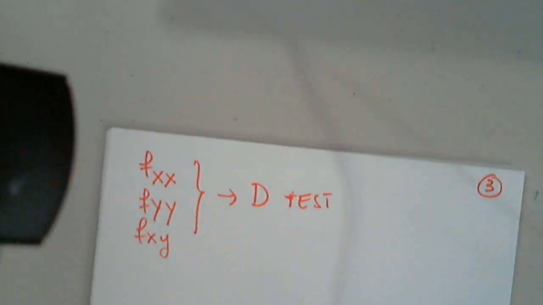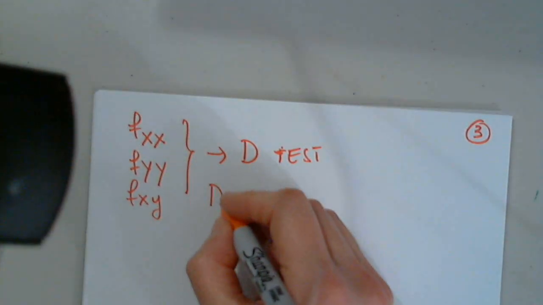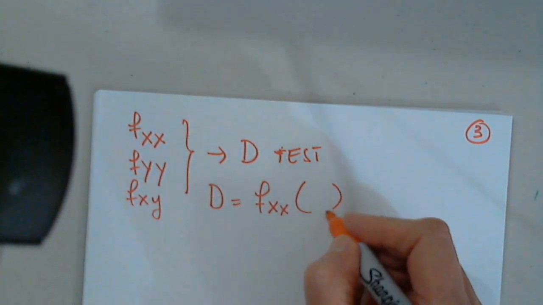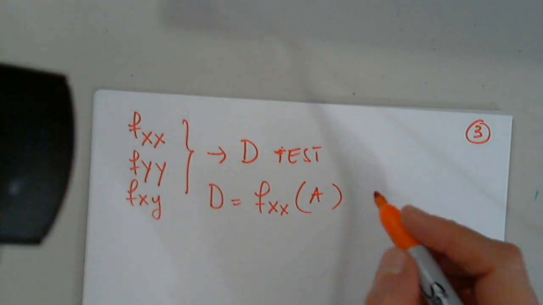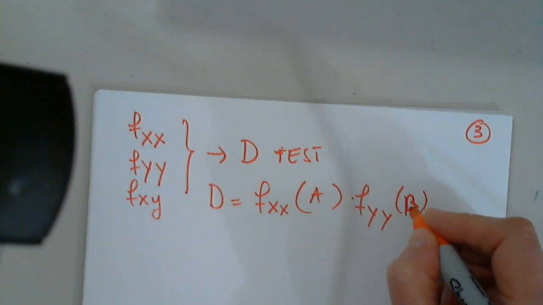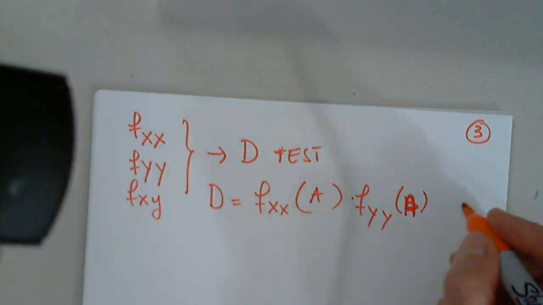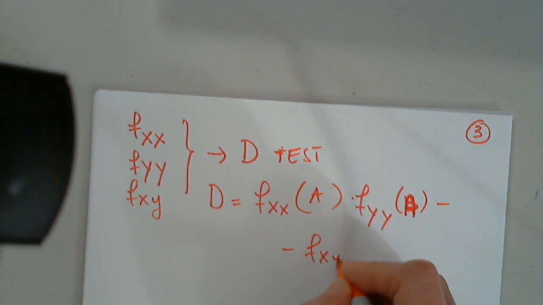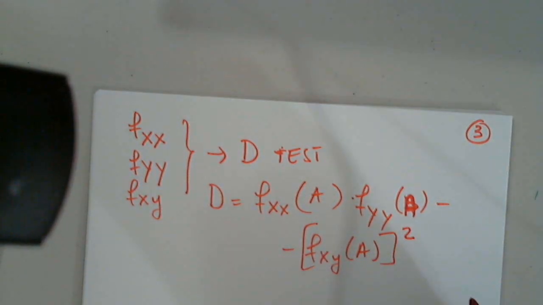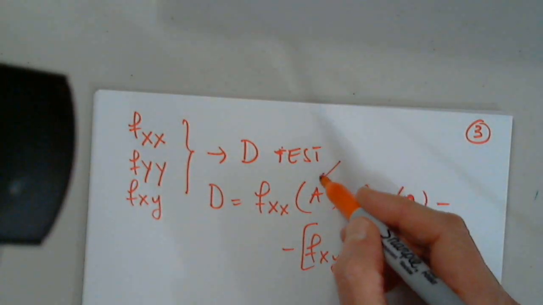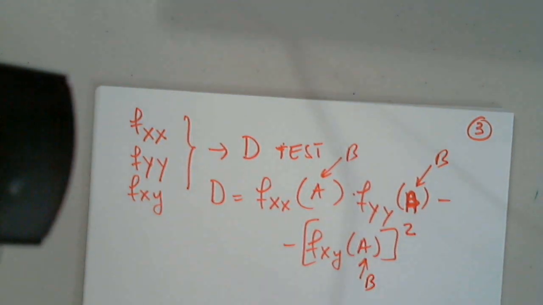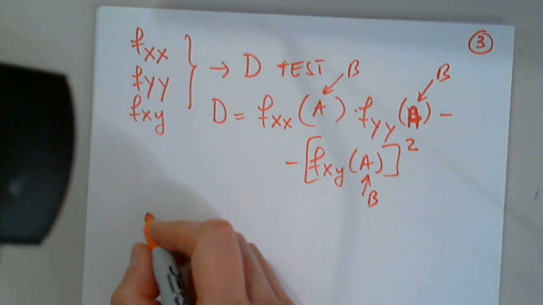So you'll have open notes, open book, but the d-test is fxx at the point, I'm going to put A, times fyy at the point, also A, this has to be consistent, minus fxy at point A, squared. And after that, I will put B in here and determine both for point B. And remember the options.